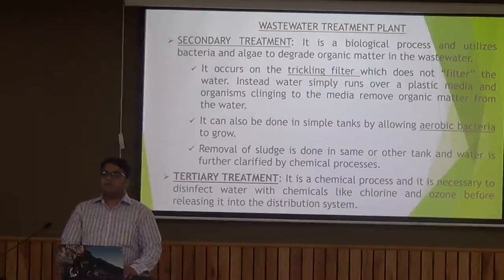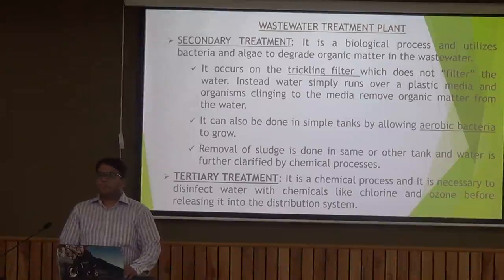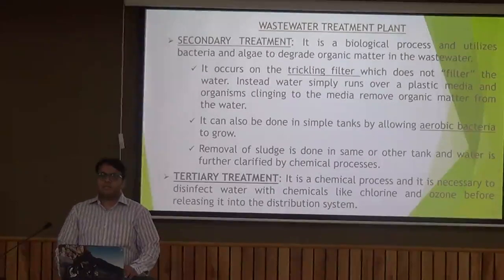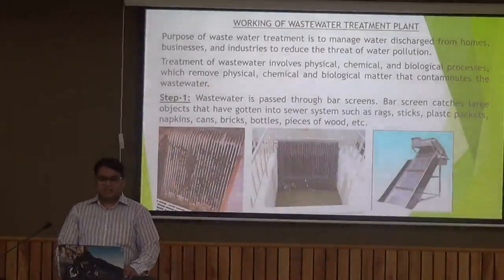In this step, chlorine or bleaching powder or ozone or any other chemical is used to remove the bacteria and viruses present in the wastewater. This way, we remove the suspended, inorganic, organic and bacterial impurities present in wastewater to obtain useful and potable water, which is then transported to cities using various sewer lines.